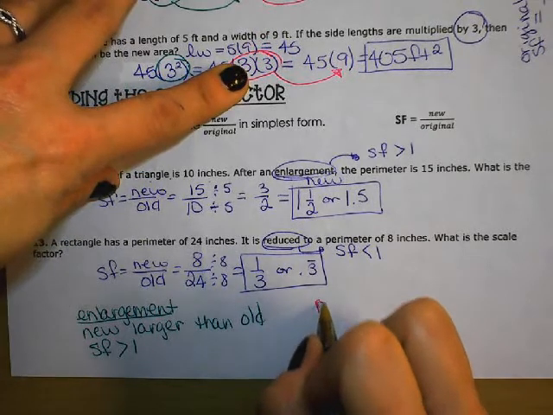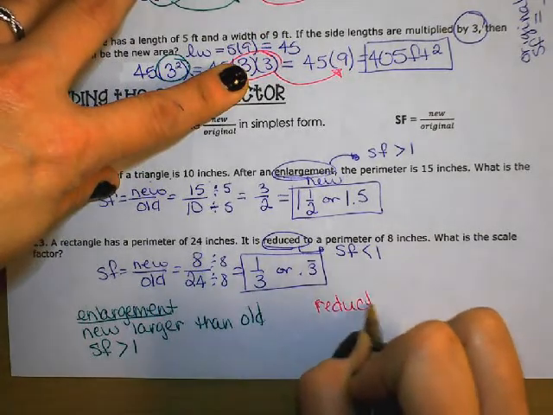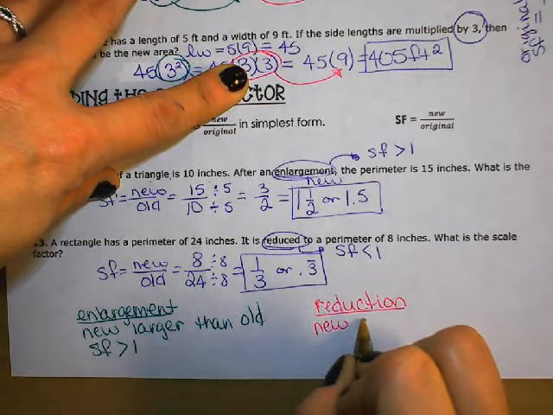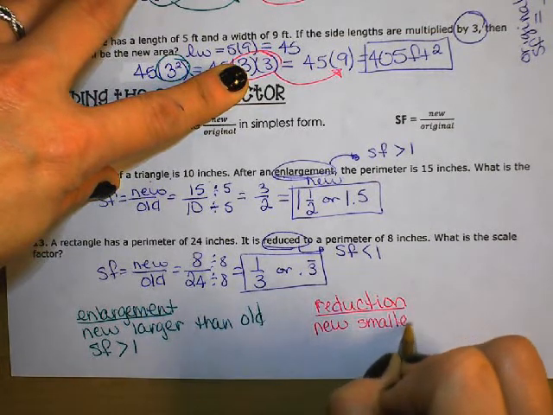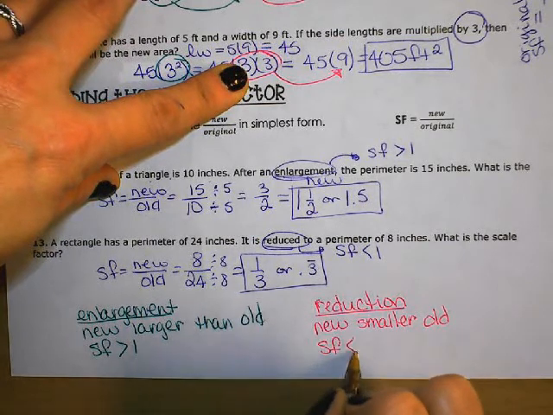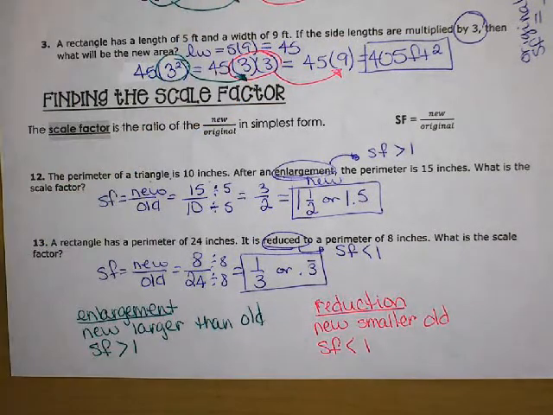If you have a reduction, your new will be smaller than your old, and your scale factor will be less than 1.